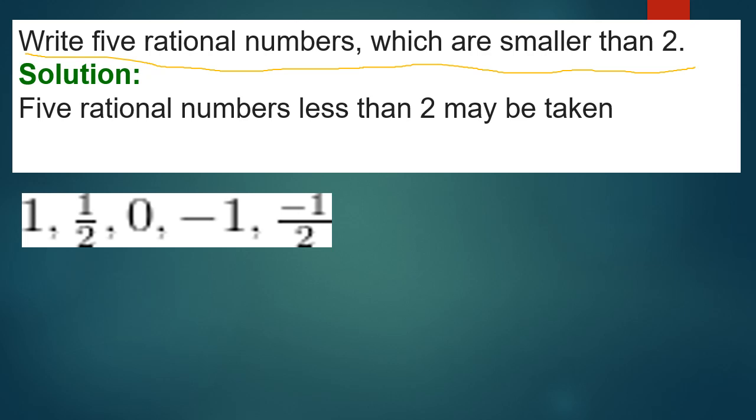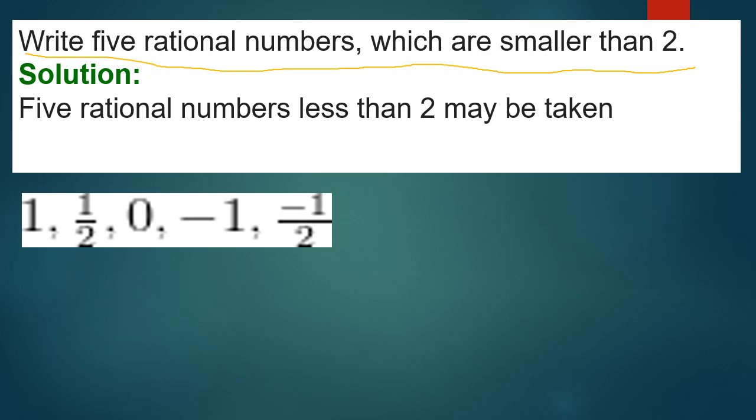Children, we can also give some more examples: 1.5, 1, then half, 1 by 4, 3 by 4, etc. So many examples we can give. Those are the rational numbers which are less than 2.